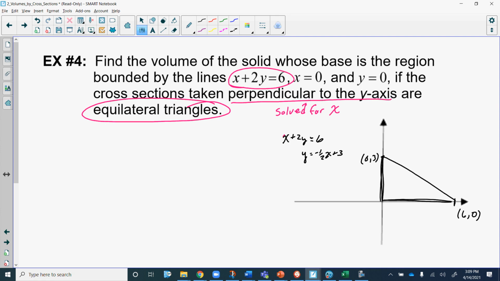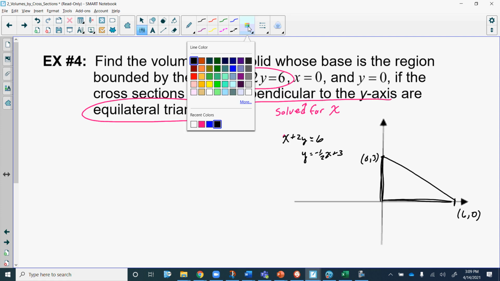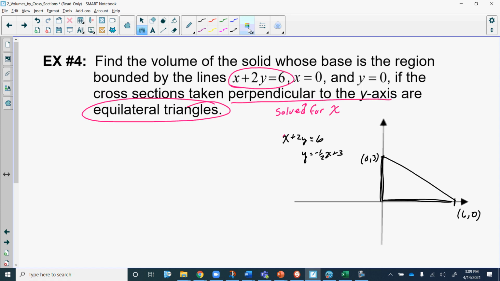That is the shape that we're going to be looking at. Now in this case, because we're doing it in terms of the y-axis, let's try this yellow color here, see if that shows up okay. Instead of doing a vertical cross section, now we're doing a horizontal cross section where that horizontal length is going to be whatever x happens to be.